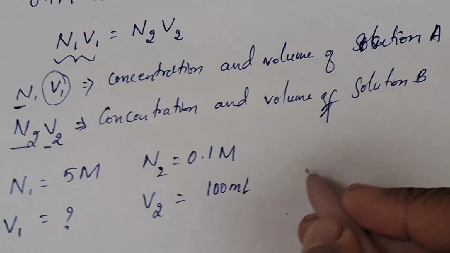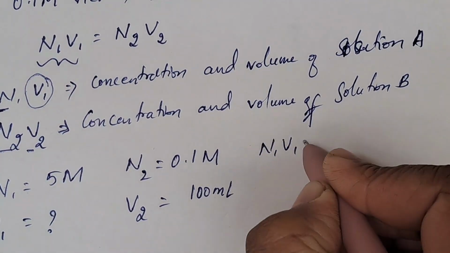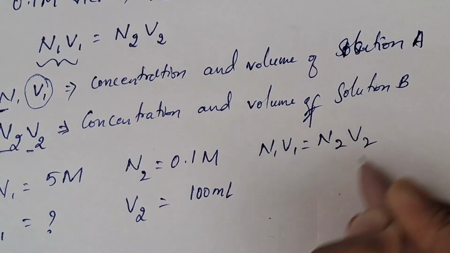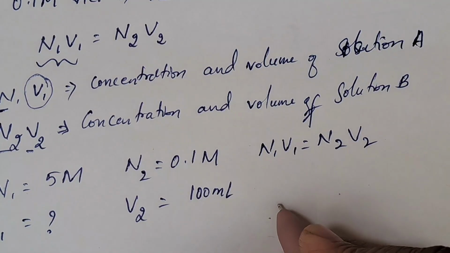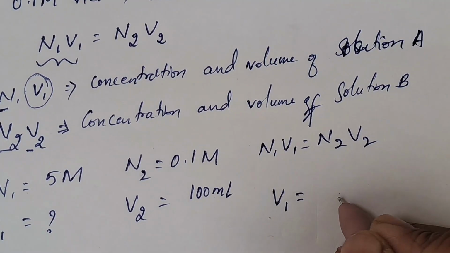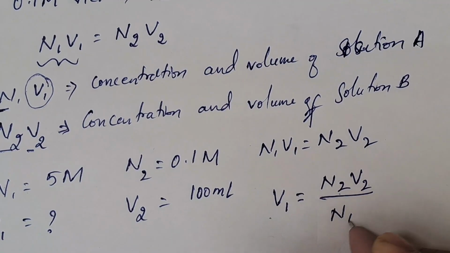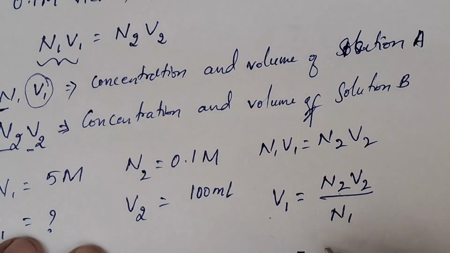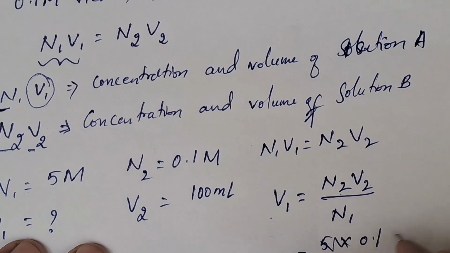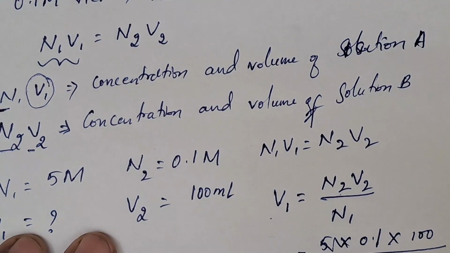Now substitute it in the normality equation N1V1 equals N2V2. I need to find V1, so let us keep it on the LHS and move all the other terms onto the RHS. So V1 is N2 into V2 divided by N1, which is 0.1 into 100 divided by 5.